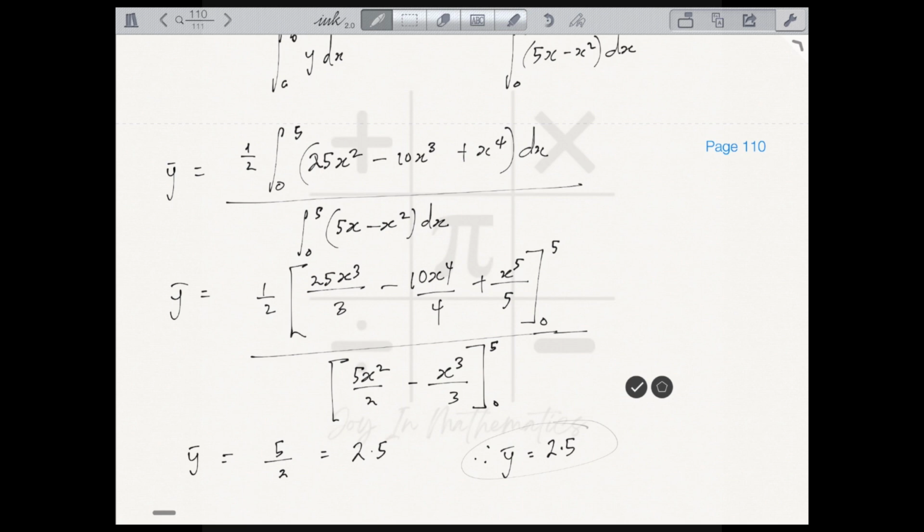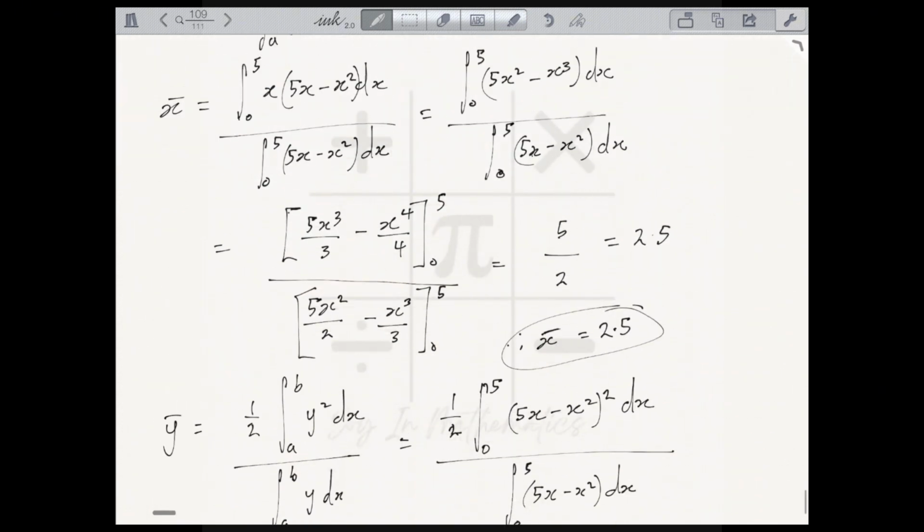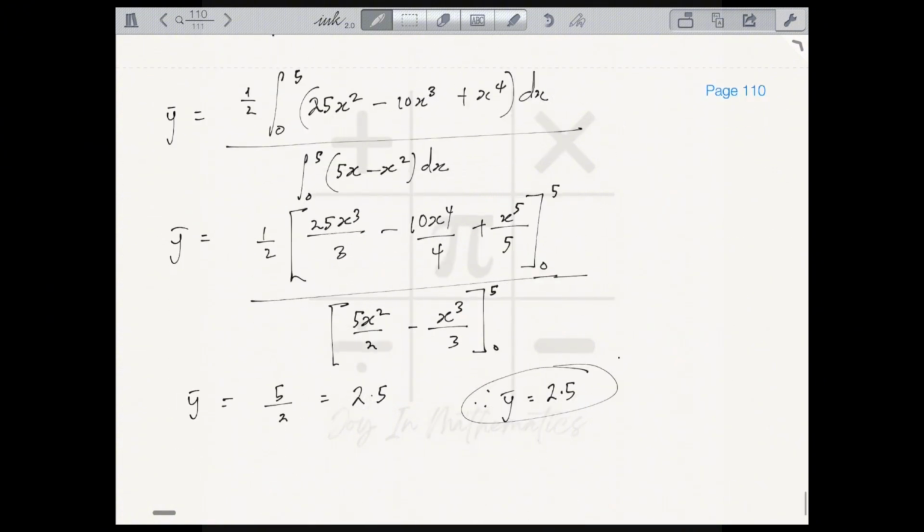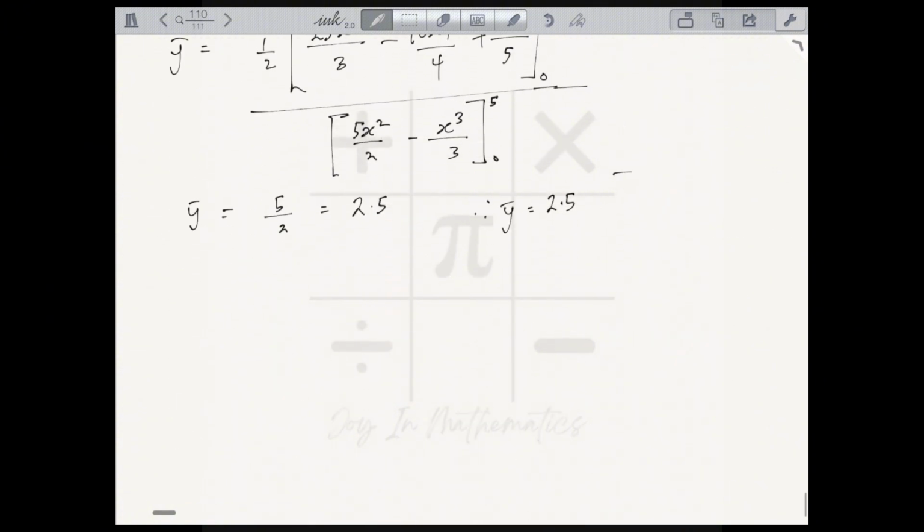Now our x bar is 2.5 also, our y bar is 2.5. Therefore the centroid of the area lies at 2.5, 2.5.